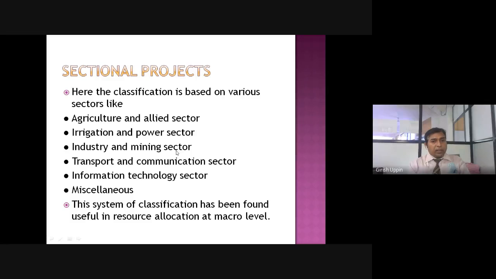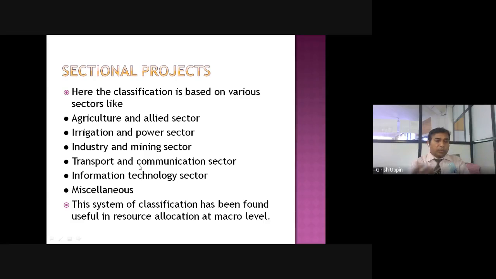Industry and mining sector: all the industry-related activity and all the mining-related activity. Mining is where you try to find the raw material for the different kinds of metals. That is the mining activity, and it will be classified under industry and mining sector. Transport and communication sector: whatever is related to transportation and communication falls into this category.